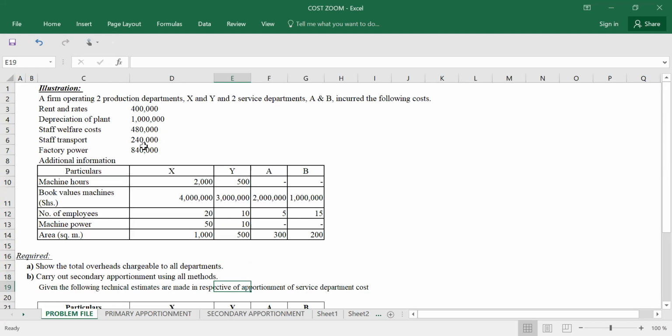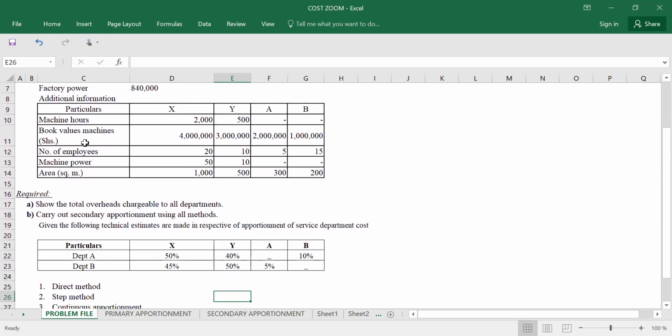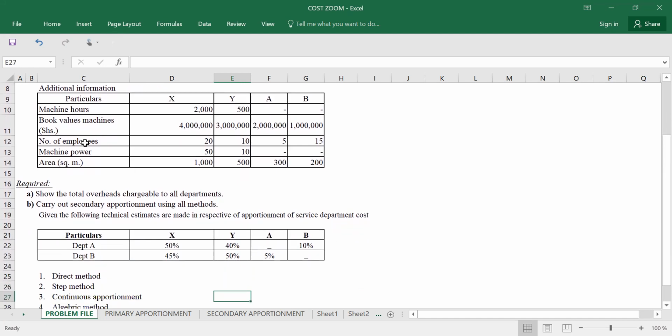We saw the costs that we have to allocate, whereby for primary apportionment, that was part A, which we worked upon, we had to allocate these total costs in the four departments, that is the production departments, X and Y, and also the service departments, A and B.